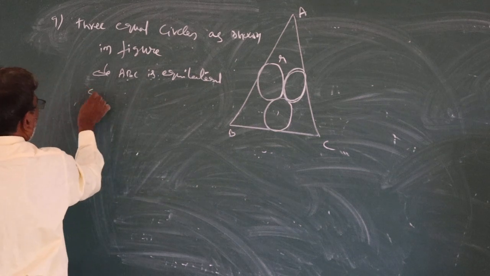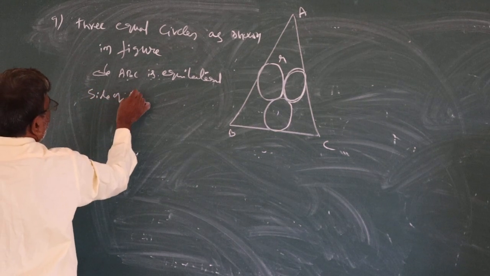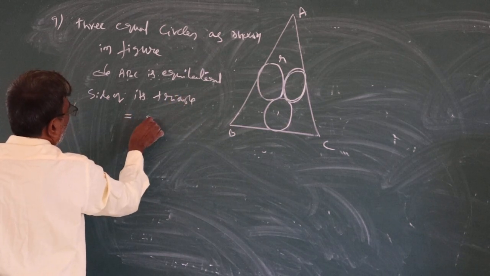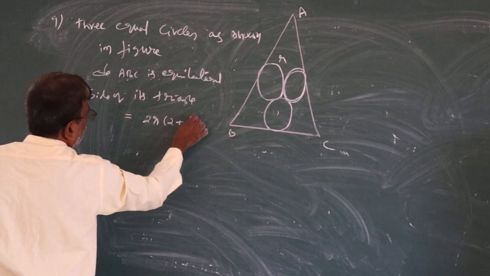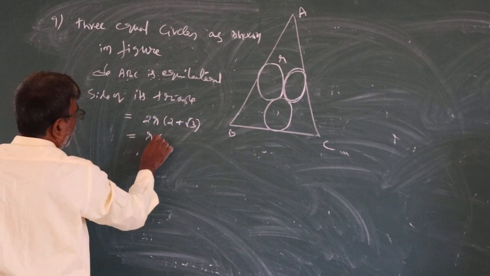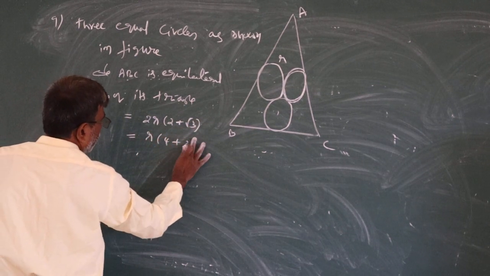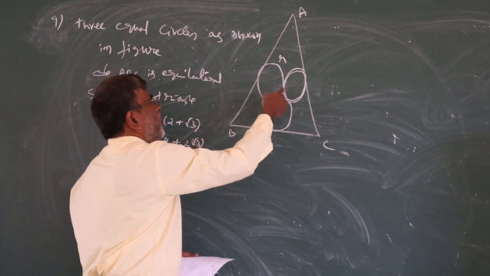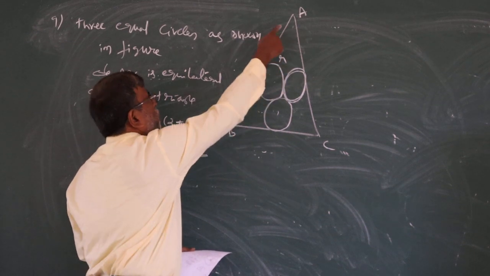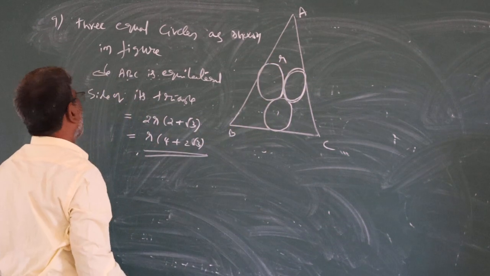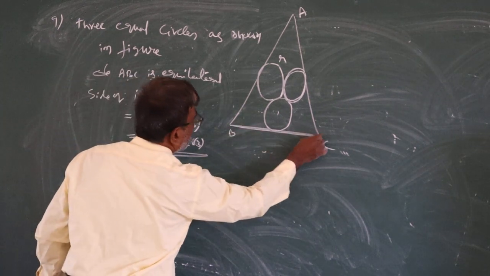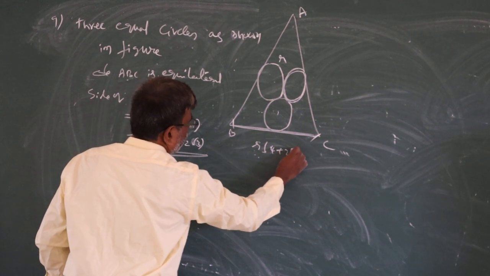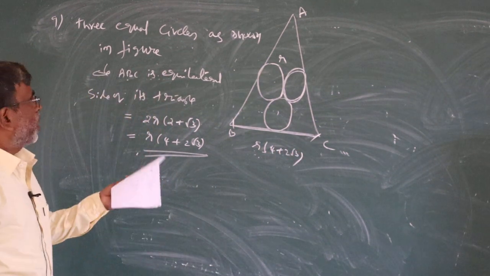Then the side of the triangle, this is the shortcut formula: 2r into (2 plus root 3), that is r into (4 plus 2 root 3). This is a very important shortcut formula we are using. All the three circles have the same radii r. So ABC is the equilateral triangle, then the side of the triangle, that is this side BC, is nothing but r into (4 plus 2 root 3). So these are the shortcut formulas.